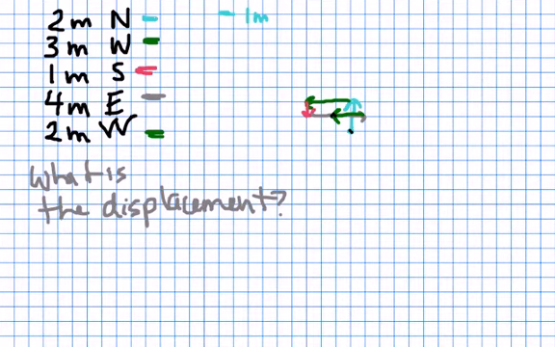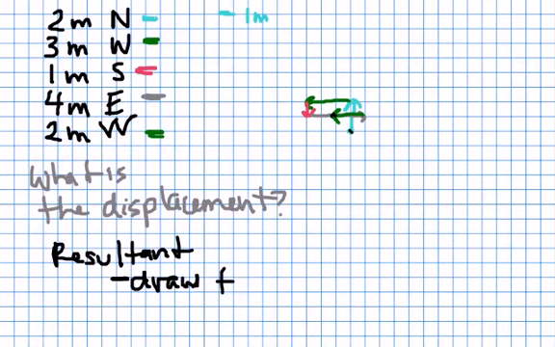So you can actually see our displacement is quite small. And to find your resultant, we draw tip to tail. So here's the tip, there's the tail. That black is my resultant vector. So we can actually find the distance.